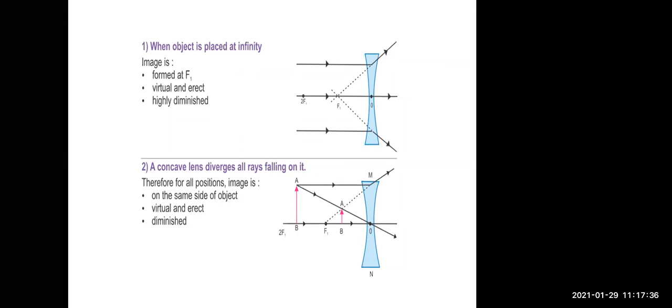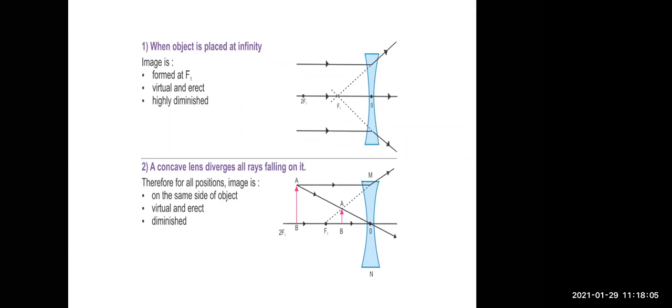The incident ray passes through the lens, and the image will be formed on the first focus, that is the f1 position, as you can see. The second incident ray, which is passing below the principal axis, is also, as it passes through the lens, then what will happen?